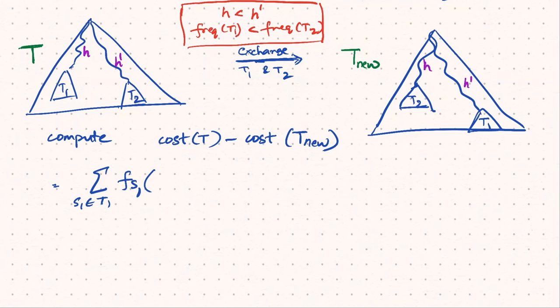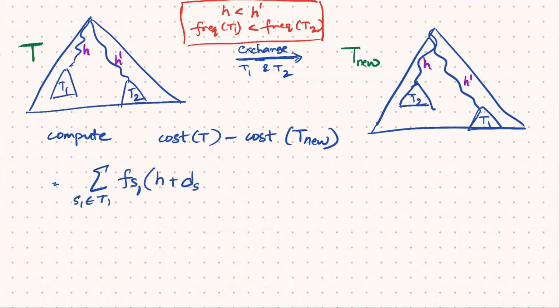That is going to be this depth h plus the depth from the root of T1 to this leaf here. So that is h plus the depth of the symbol S1 in the tree T1.